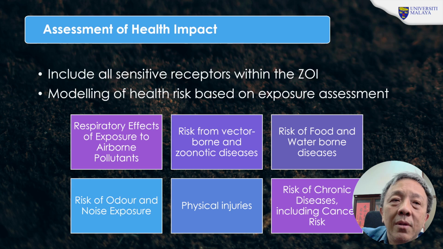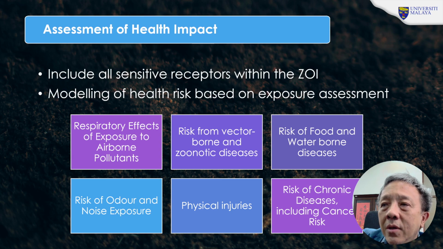The assessment phase identifies hazards, evaluates exposure, and characterizes them. It can include respiratory effects on exposure to airborne pollutants, risk of vector-borne and zoonotic diseases, risk of food and waterborne diseases, risk of odor and noise, physical injuries, and risk of chronic diseases including cancer risk.